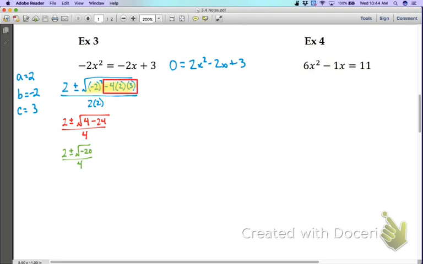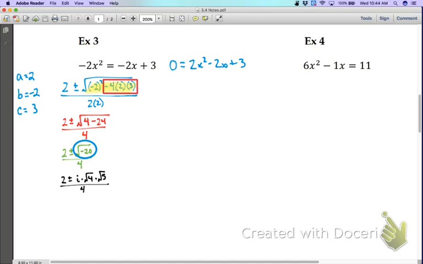Now, it's negative 20, so I know that I'm going to have to pull out an i. How else can I simplify the square root of 20? So what's going to change there? Right. So 2 plus or minus, you can go i, and if I'm going to overwork this and put a little more than I need to, I broke up the 20.